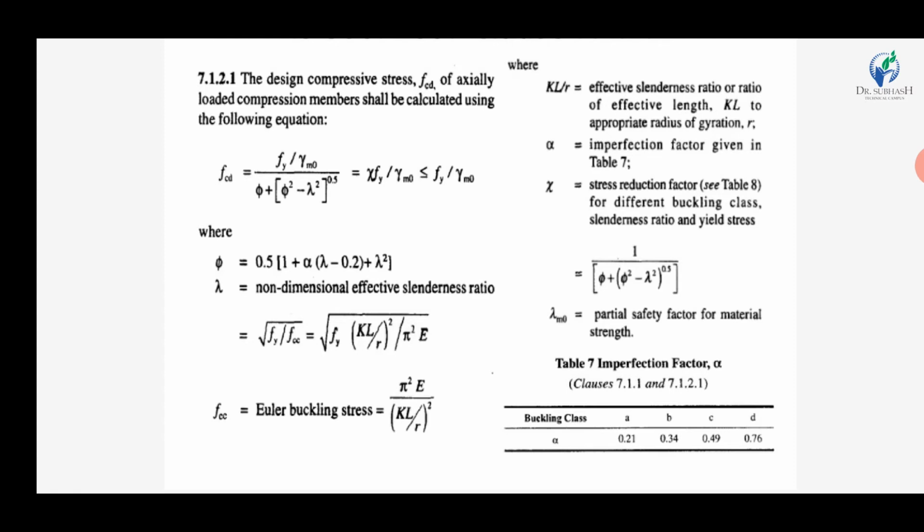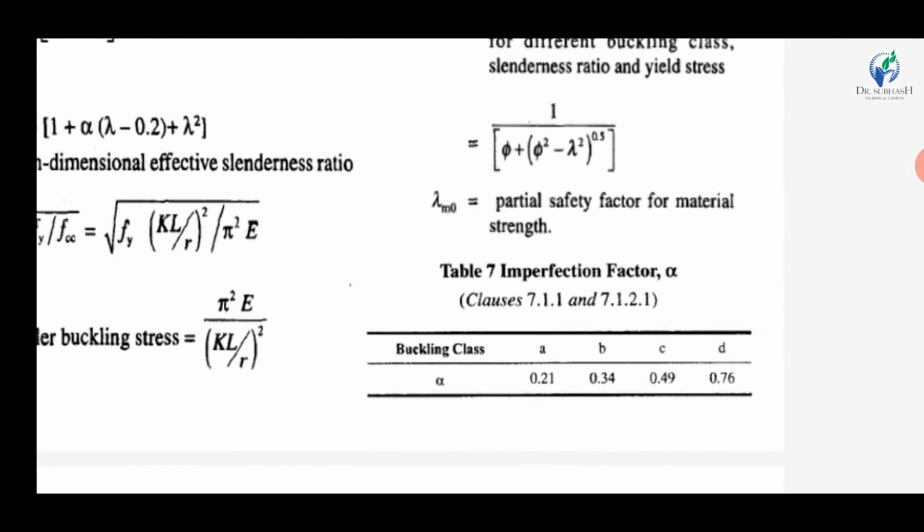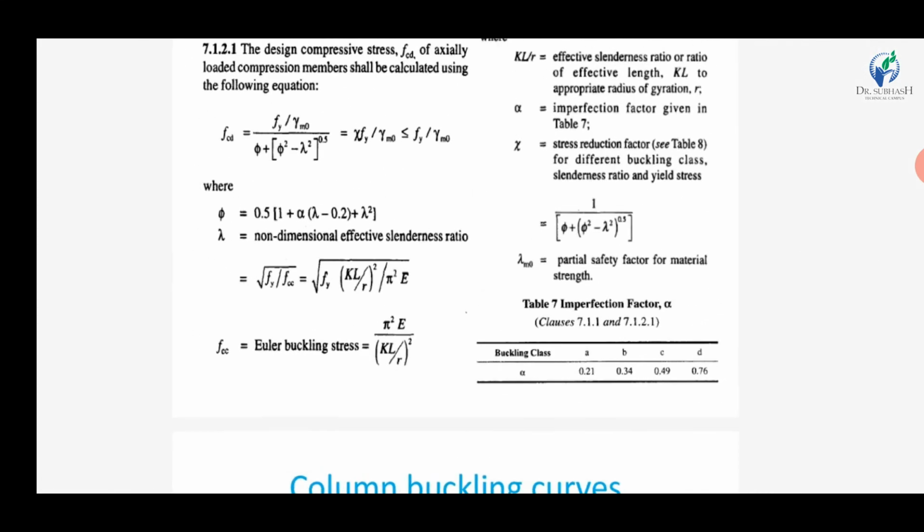Alpha is the imperfection factor, given in table number 7. Before we find the imperfection factor, we need to know the buckling class of our section, which is divided into four grades: A, B, C and D. In that grade we can find alpha. You can see table number 7. It depends on the buckling class of the column.